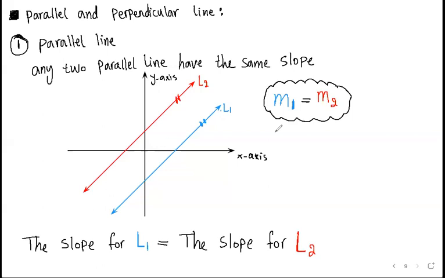Yes. The second thing is the perpendicular line. A perpendicular line has the reciprocal slope of a line, and we change the sign. Yes, exactly.